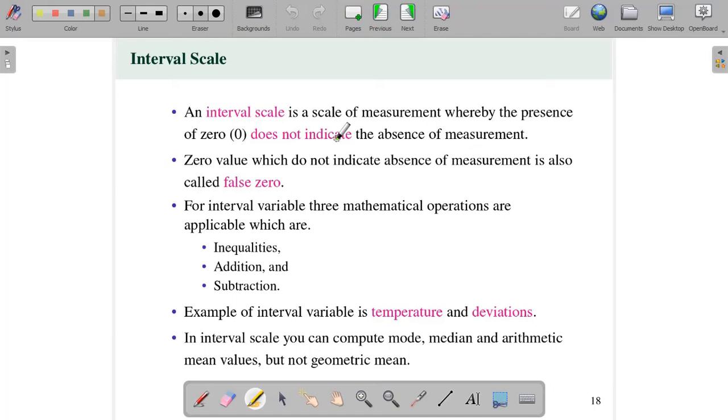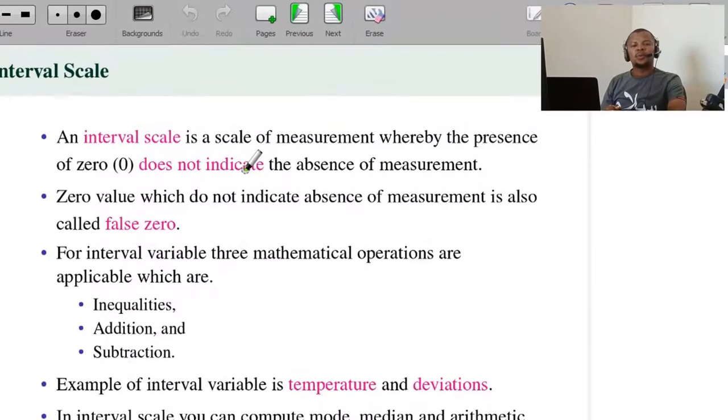Under this now, just like ordinal improved nominal, from no use of any mathematical operation to inequality, interval scale also improves the ordinal. Inequality will be there. Because we know if the temperature is 20 degrees centigrade and another temperature is 10 degrees centigrade, obviously 20 is greater than 10.